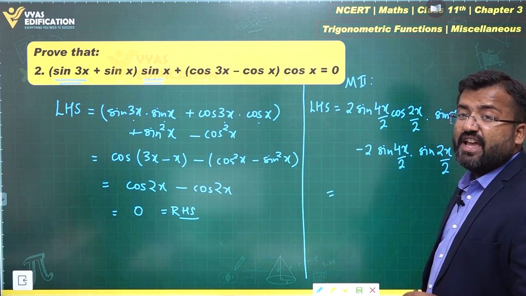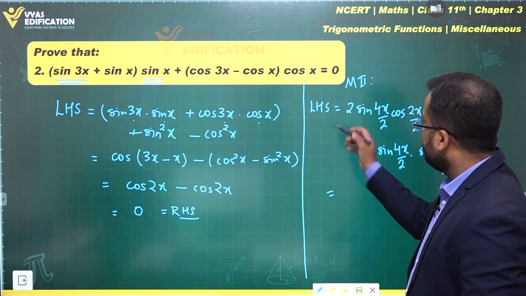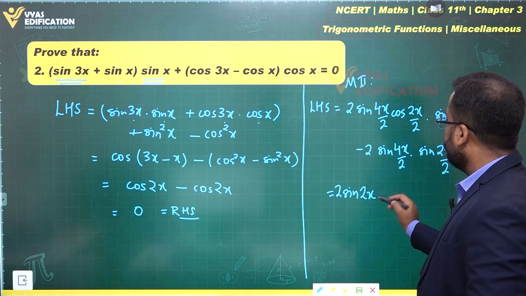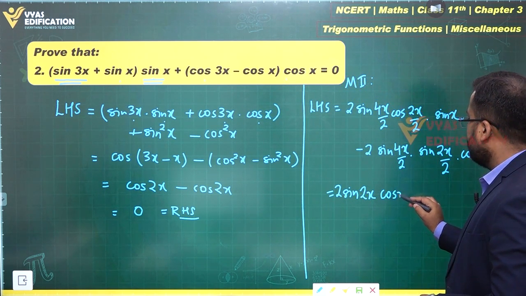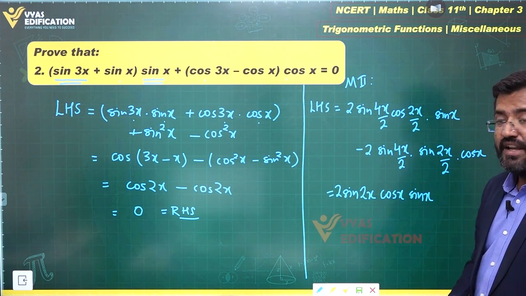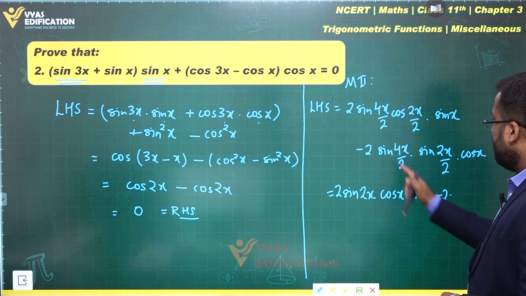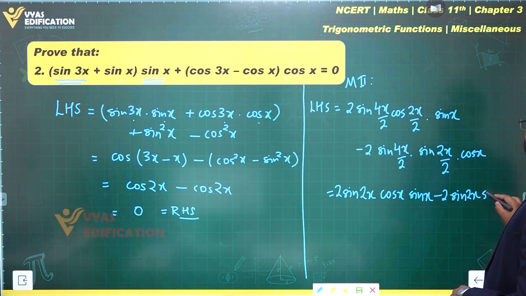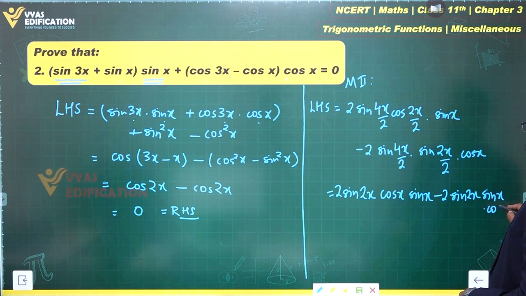Now, what does the LHS simplify into? This is 2 times sin 2x, this is cos x, this is sin x. What about the remaining thing? This is minus 2 times sin 2x, you have a sin x and then you have a cos x.